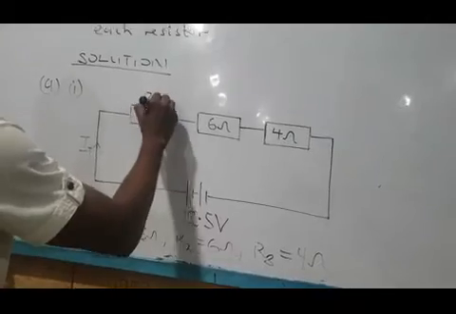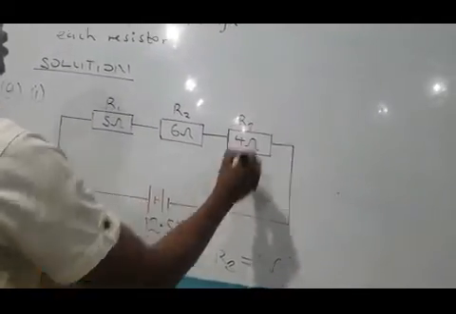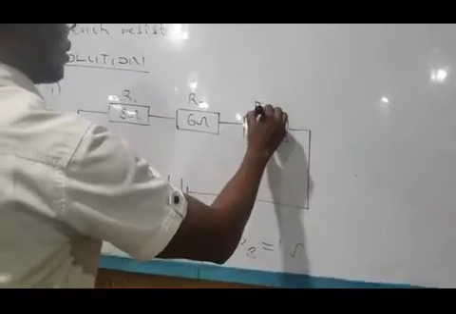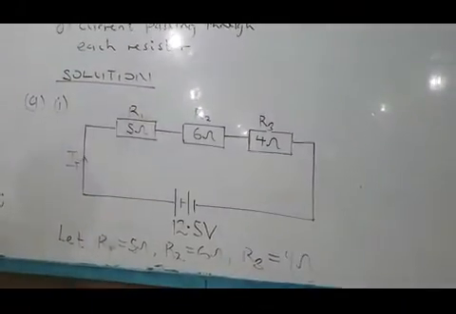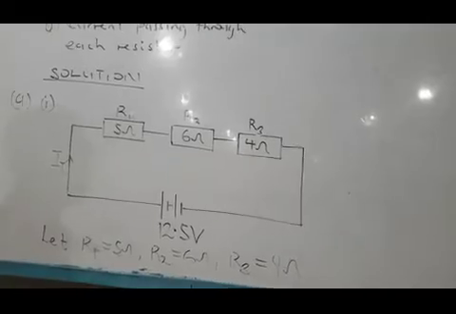For series arrangement, the total resistance is the sum of the individual resistances.